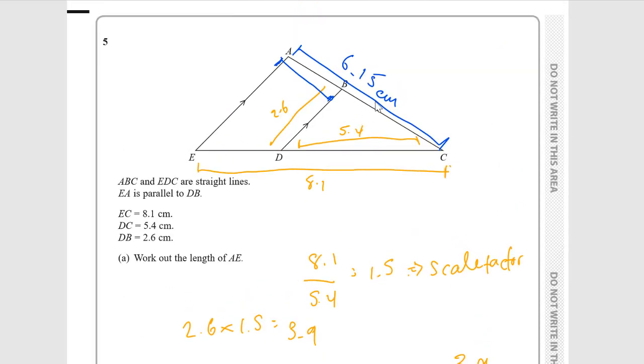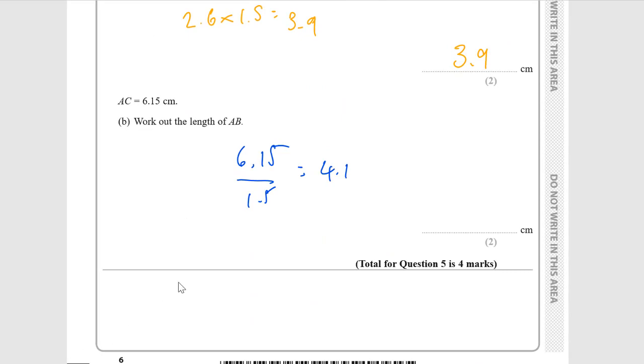So we have 4.1 here, which is BC, and then we subtract that from 6.15. 6.15 take away 4.1 gives us 2.05.